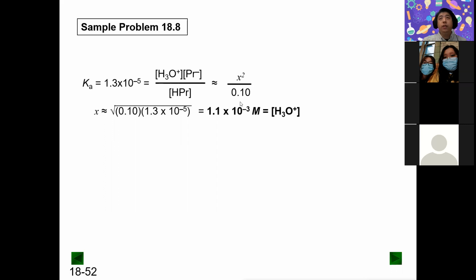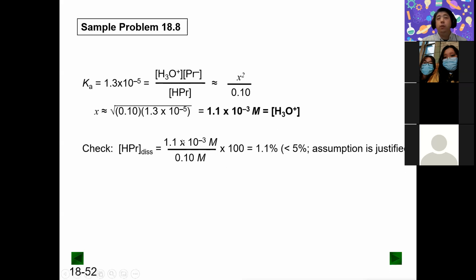Okay, once we get to here, we're not done yet. Usually it asks you to find the pH. So you just need to do the negative log of this value here. Given that it's about a -3, this is anywhere between 2 to 4. So we can also check if this fits within our 5% rule. We checked in the beginning, so we knew that it did, but you can go ahead and reconfirm here.